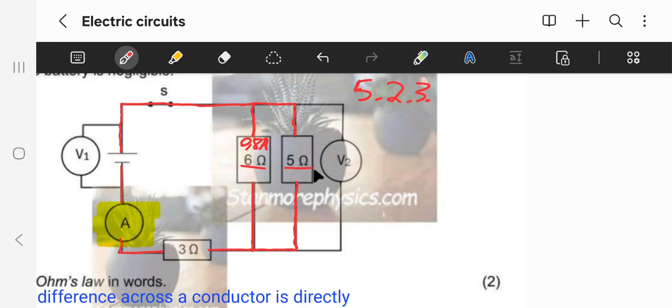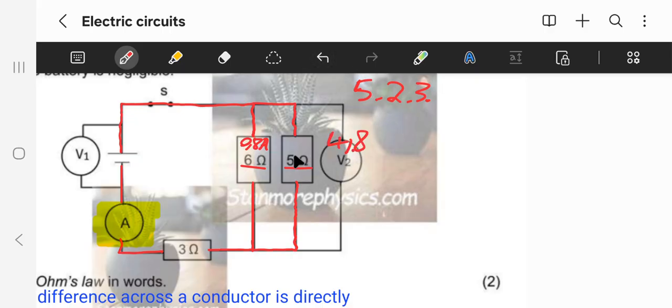So the formula then we are going to use, or rather, this is the way in which we are going to find the current on the 5 ohm resistor. We will remember that we found the voltage here, V2, and we said the voltage on V2 belongs to both the 5 ohm resistor and the 6 ohm resistor, and that voltage here was 4,8.